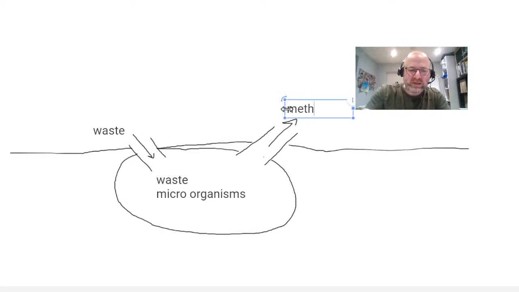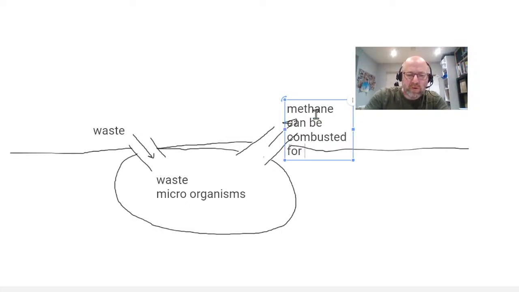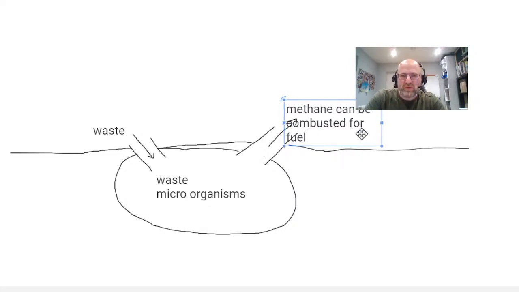And in some countries, they use this as a cooker, so the gas comes out and you can set a light and then you can cook your food or heat your house. Methane can be combusted for fuel, for heat, for cooking, whatever.